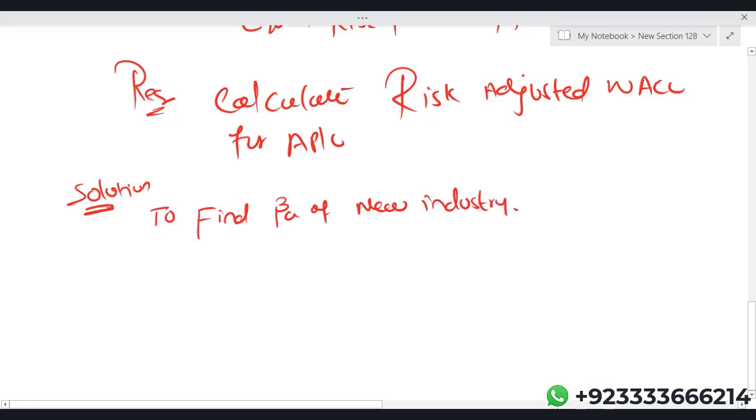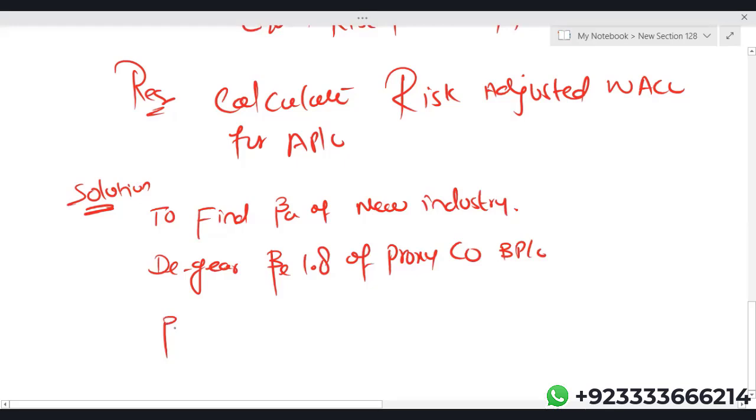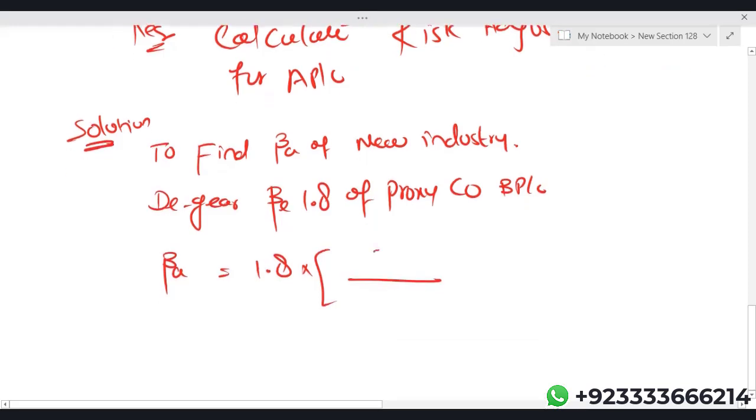So simply, what are we going to do? We will de-gear the equity beta of the proxy company and calculate beta asset. Equity beta 1.8 of the proxy company, that is BPLC. So beta asset is equal to equity beta into market value of equity. Proxy has 250 million, market value of debt is 125.